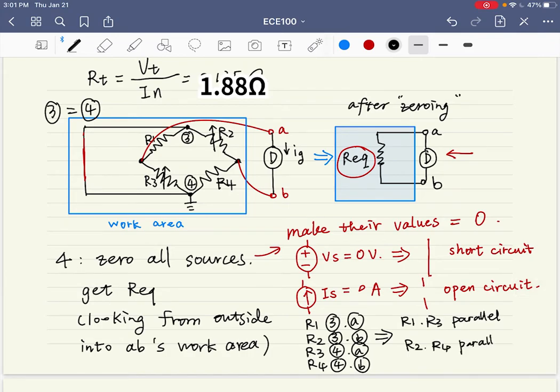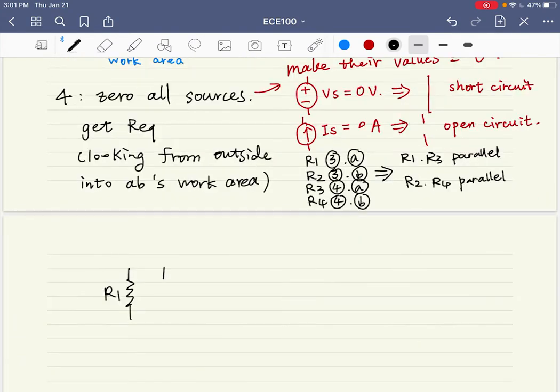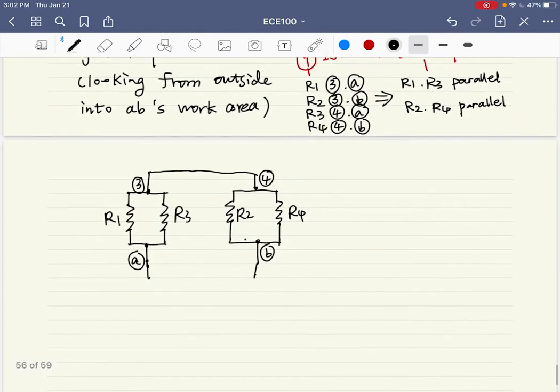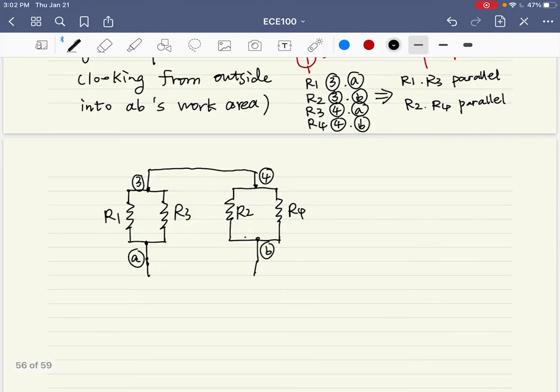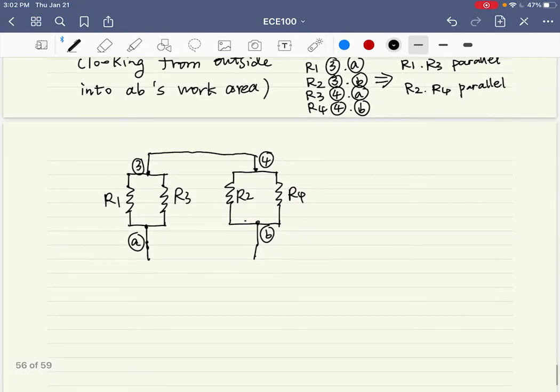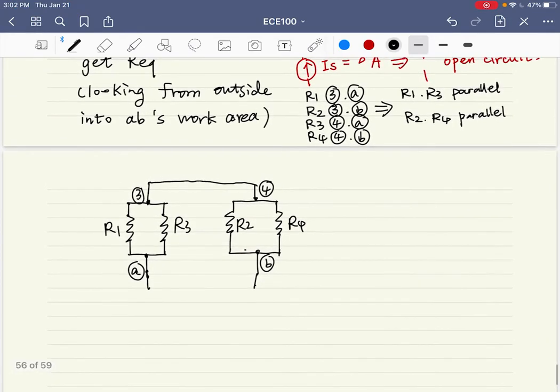Okay, so now we need to reduce the circuit by merging the things in the blue box. You'll get the parallel resistance on the left, and the parallel sum of resistance on the right. So great. Yes.